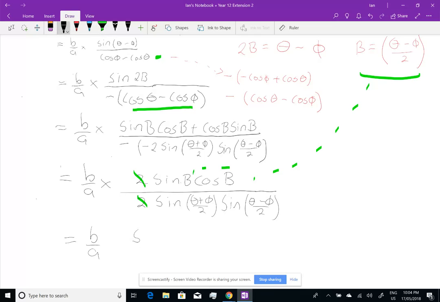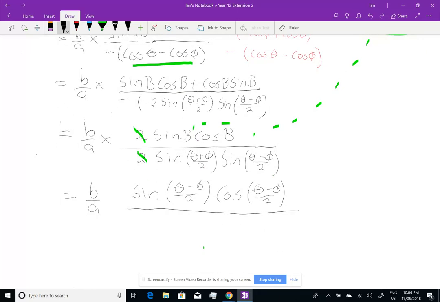So we get sine theta minus phi on 2 and cos theta minus phi on 2, and that's all over sine theta plus phi on 2 sine theta minus phi on 2. And look at that, we now get to cancel that and that.